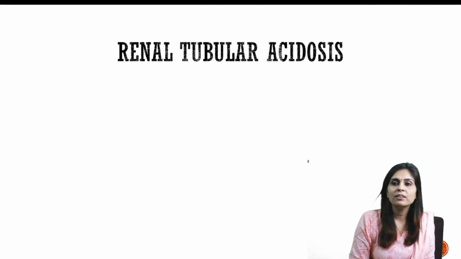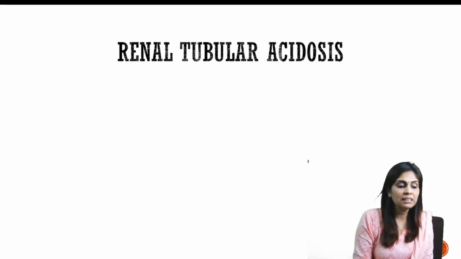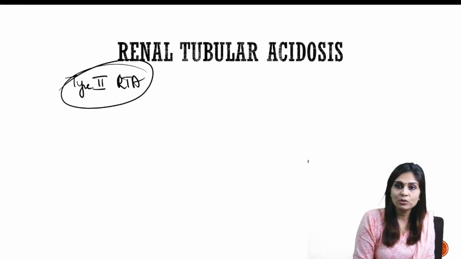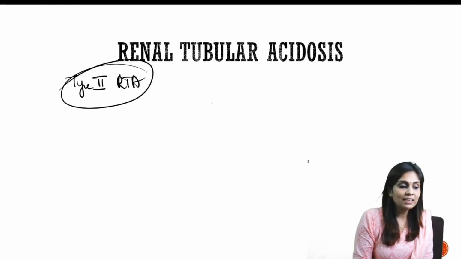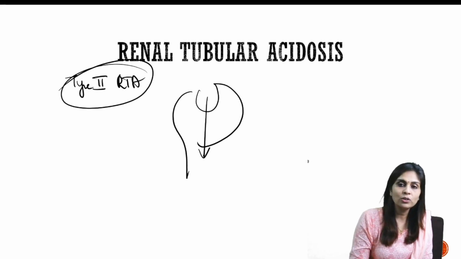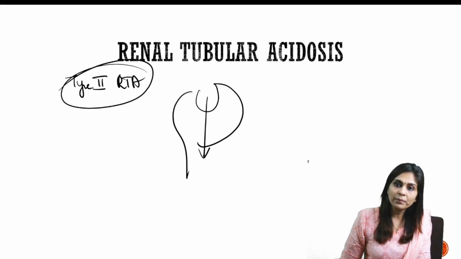Now what about type 2 or proximal renal tubular acidosis? In type 2 renal tubular acidosis, the defect is with bicarbonate reclamation. As I told you when we started the discussion, we filter all the bicarbonate that is present in the circulation into the glomerular filtrate, but you cannot afford to lose all the bicarbonate in urine.